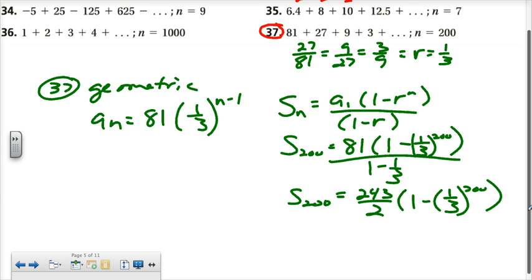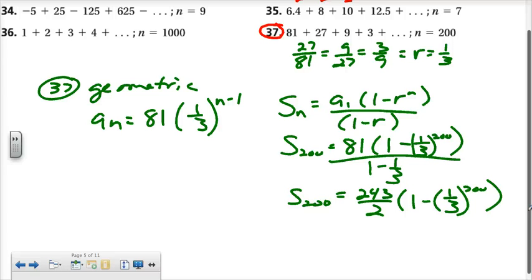All right, so let's see how goofy this answer is going to be here. 1 minus 1/3 to the 200th power, and then we need to multiply that times 243 divided by 2. And number 37 is kind of interesting, because when you do 1 minus 1/3 to the 200th, you get 1.